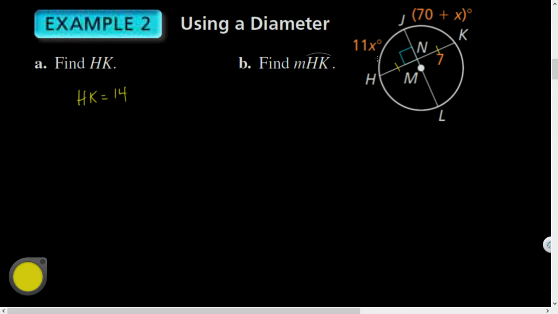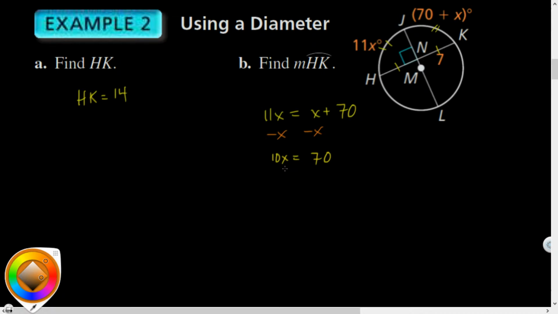And find the measure of arc HK. Well, I know that this arc and this arc are congruent because that diameter is the perpendicular bisector of the chord, and therefore 11x is going to equal x plus 70, and I will subtract x from both sides. 10x is equal to 70.